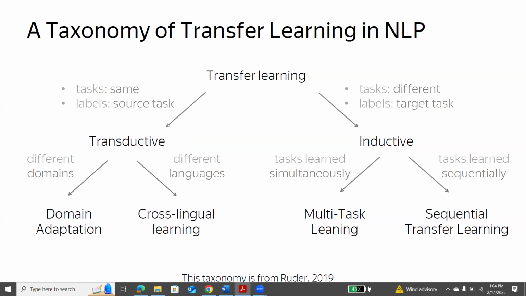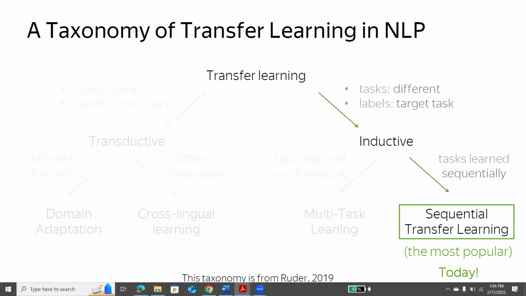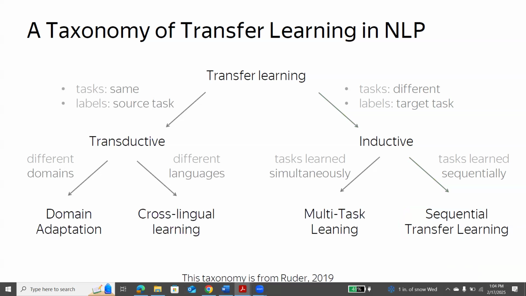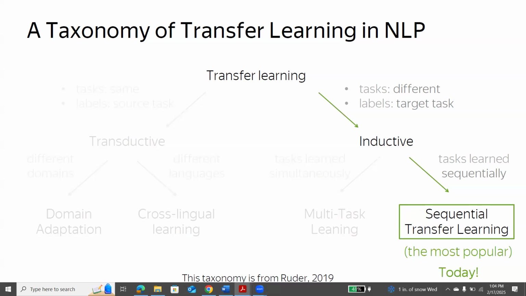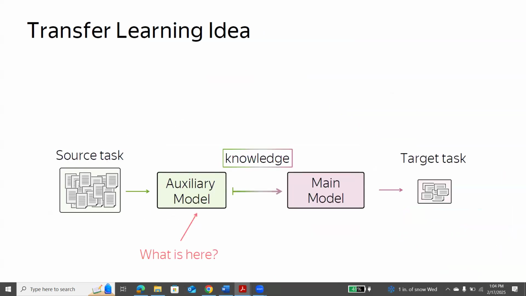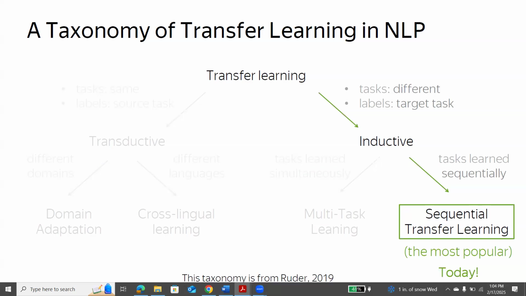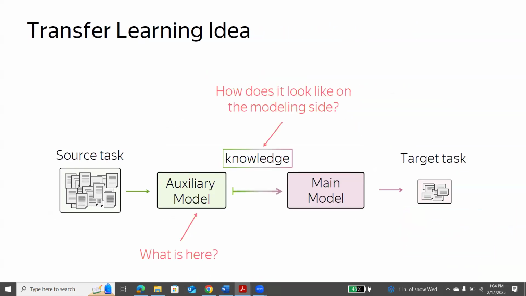Another approach is called inductive, when we stack different models, we use pre-trained word embeddings and use them in different models. You don't need to remember this, it's just for your information. So this is the idea of transfer learning.